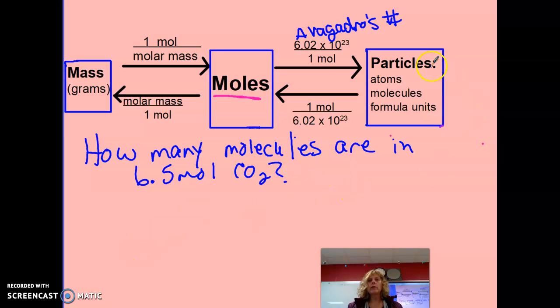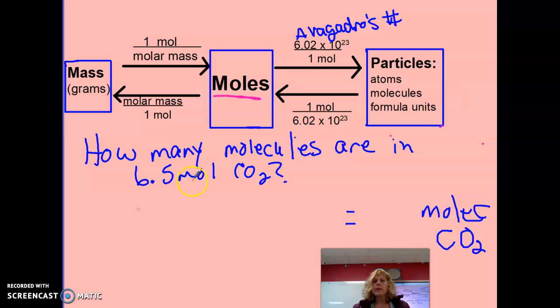I want to end up with molecules. Molecules, atoms, or formula units are all types of particles. So I know I want my answer to be in molecules, specifically molecules of CO2.